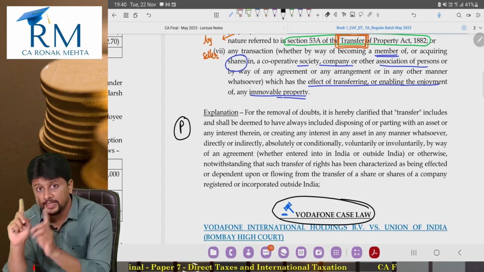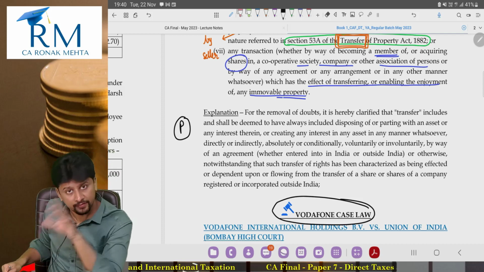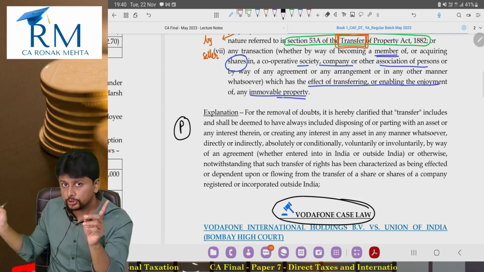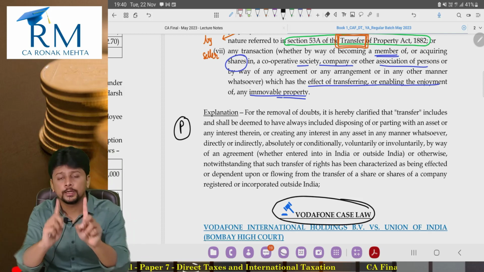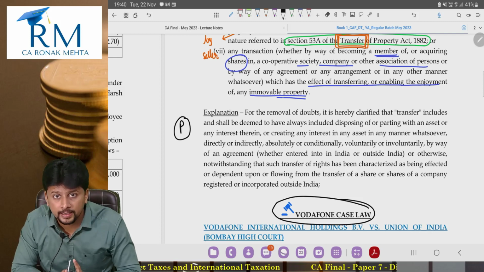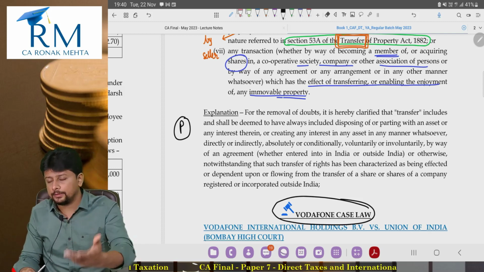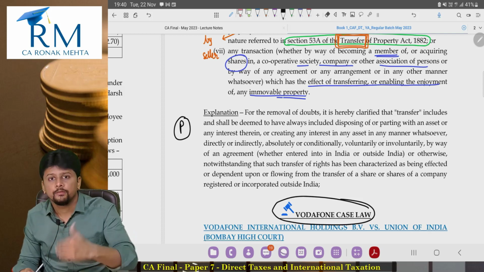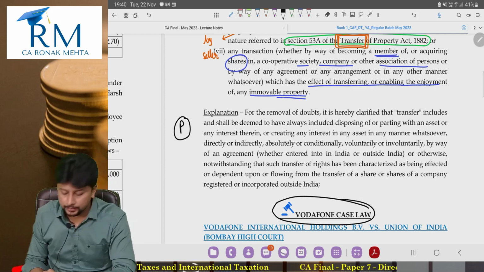There is also an explanation in the definition of capital asset that we just finished. I have kept that also pending. Those two explanations, one in the definition of capital asset, other in the definition of transfer, I am deliberately keeping pending. When the opportunity comes, we will discuss the Vodafone case and we will see how those two explanations are important.